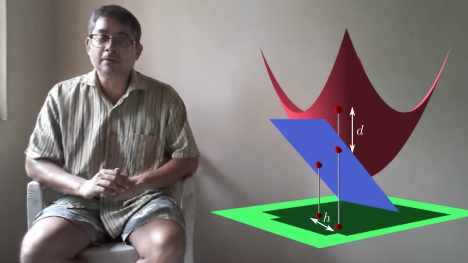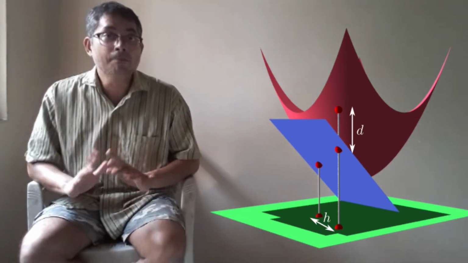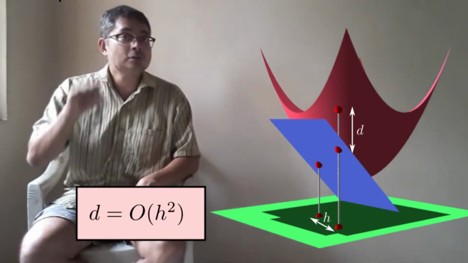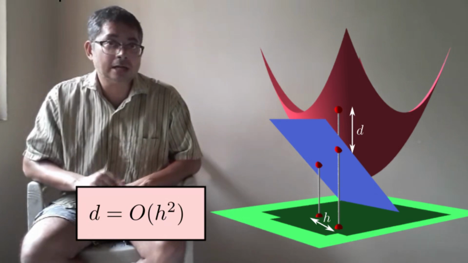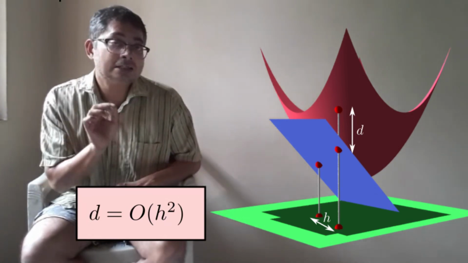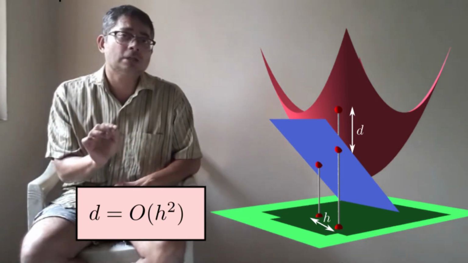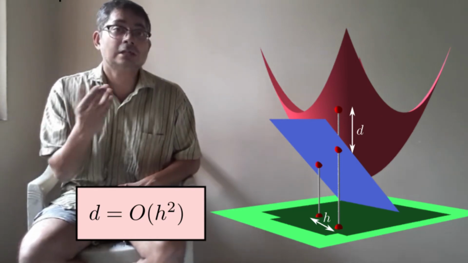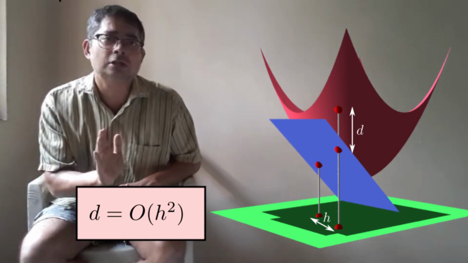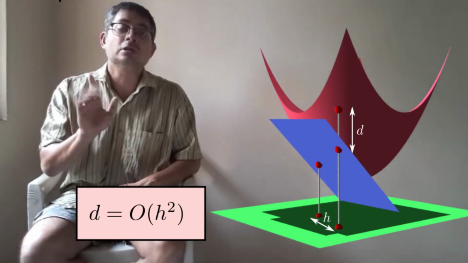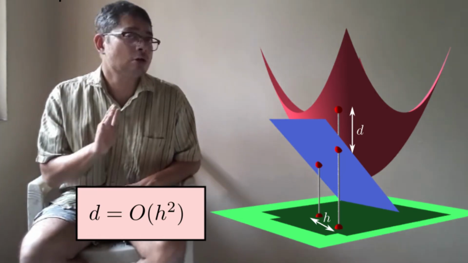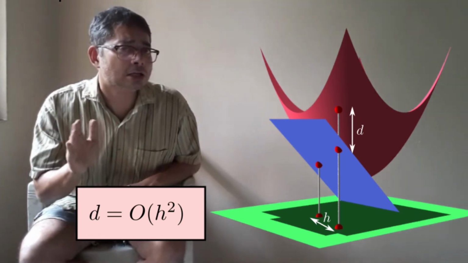That vertical gap will be of the order big O of h square, which means if you take the length of the vertical distance and divide it not by just h but h to the power say 1.1 or 1.5, some power which is larger than 1 but smaller than 2, then also it will go to 0. So that is a stronger condition. You can go on like that up to 1.99999.